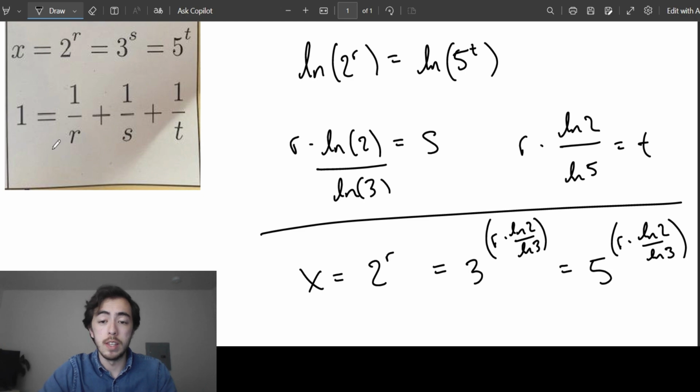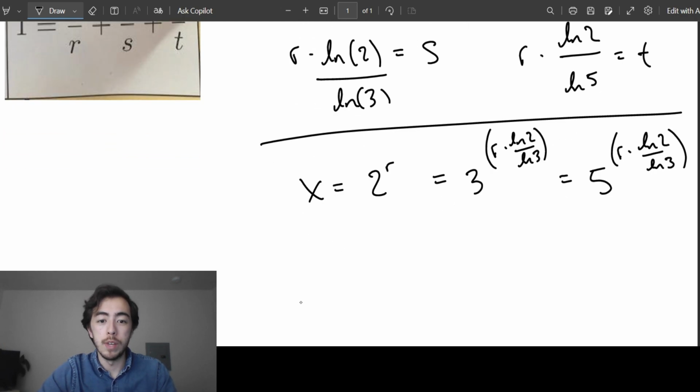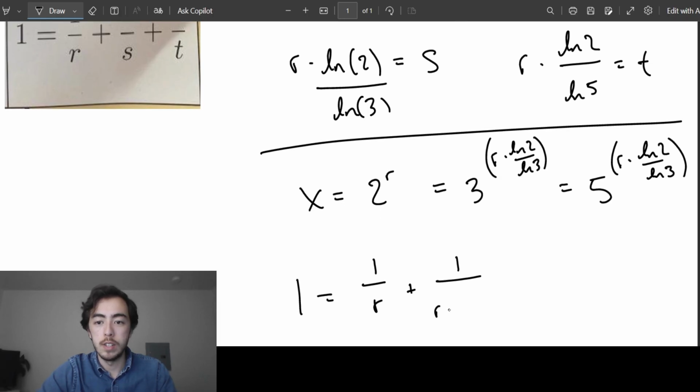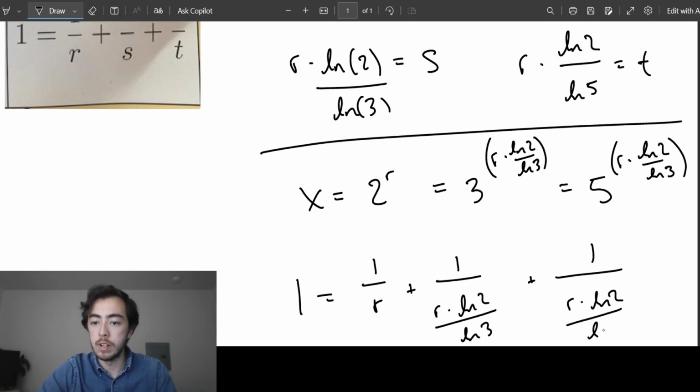I really don't see anything out of this first equation, so hopefully the second one is going to give me something. We have 1 equals 1 over r plus 1 over, and then s is, okay, r times ln 2 over ln 3. And then t is r times ln 2 over ln 5.